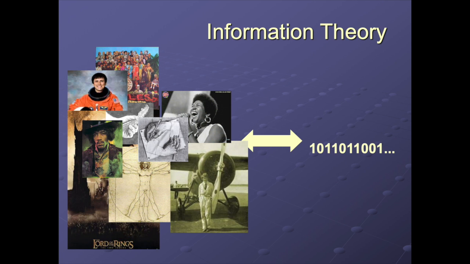We need to be able to represent that in bits, so that number one, we can put it on things like computers, and then number two, we can send that information to where we want to send it. So we already know about this. We know that we capture all kinds of things and turn those into bits. All right. So what do we do with those bits, and how do we manage that, and how do we represent things? That's the subject of source coding.